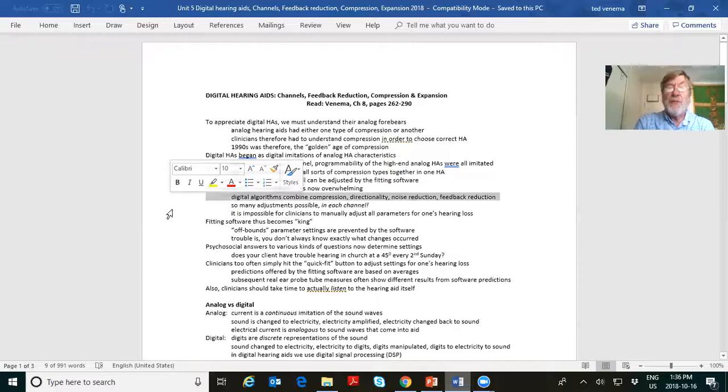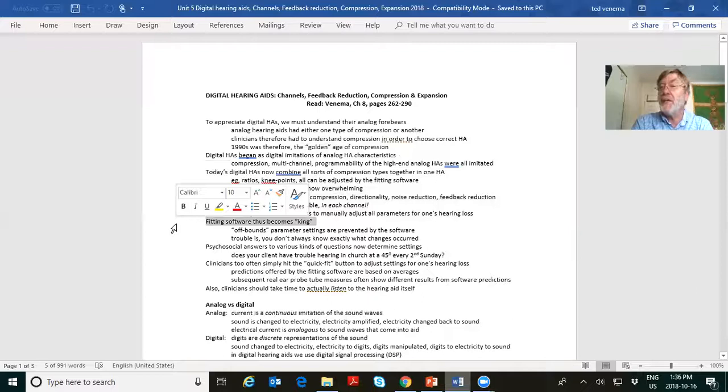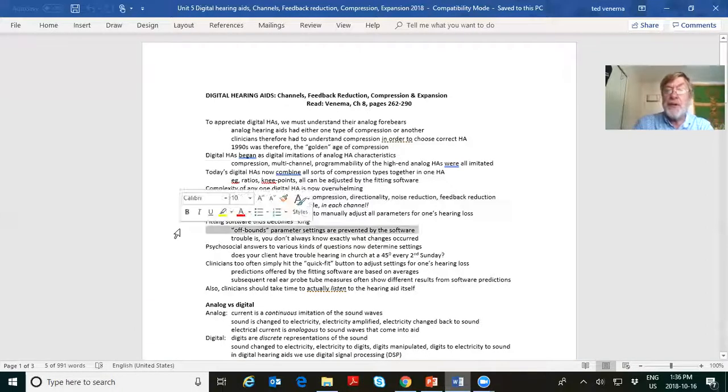Therefore, it's impossible for clinicians to manually adjust all parameters for one hearing loss. Fitting software thus becomes king, the manufacturers' fitting software that you were shown in your labs on the weekend when programming the hearing aids. Off-bounds parameter settings are deliberately prevented by the software.